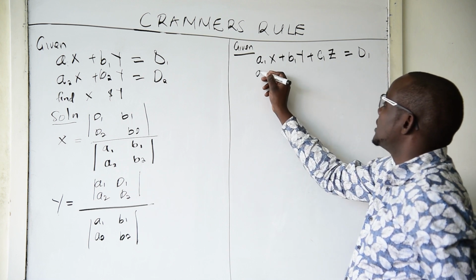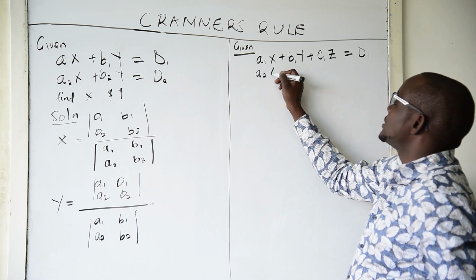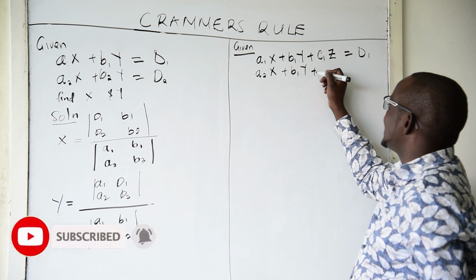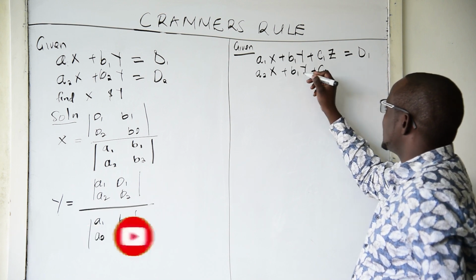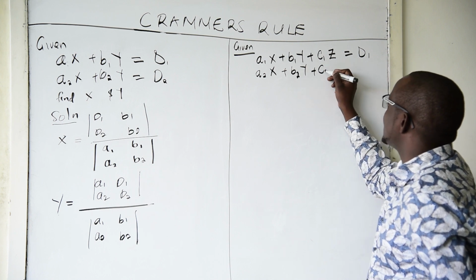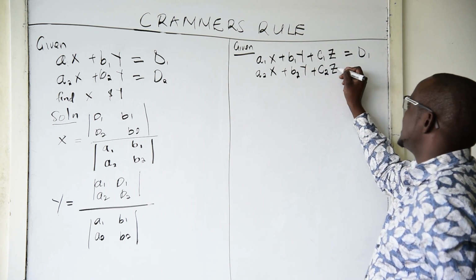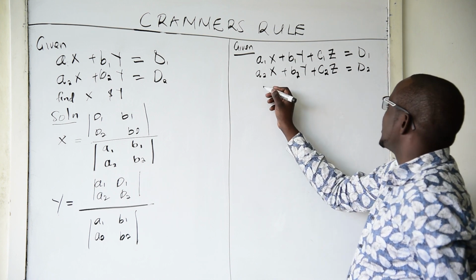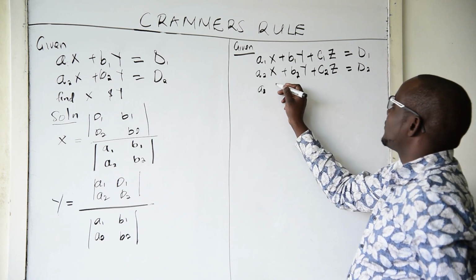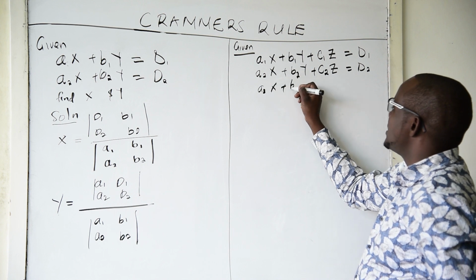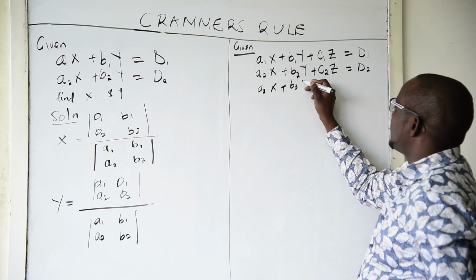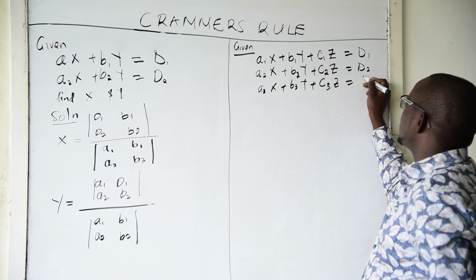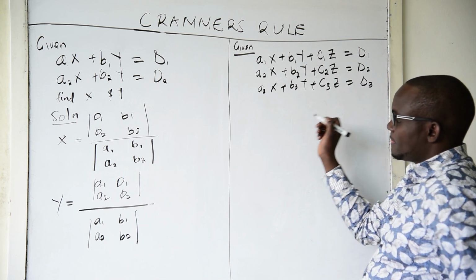Then we also have A2 x plus B2 y plus C2 z equals D2. Then I'm also given A3 x plus B3 y plus C3 z equals D3.